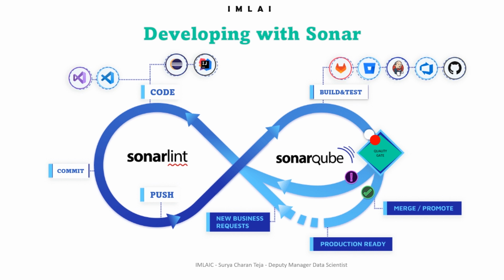It indicates whether your code is clean and can move forward. A passing green quality gate means that code meets your standards and is ready to be merged. Do you see that?